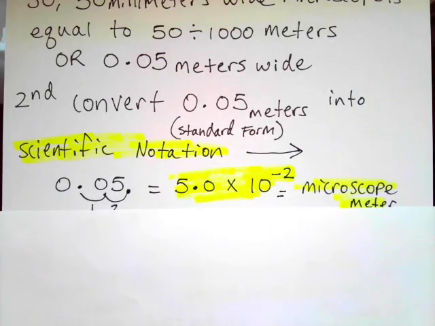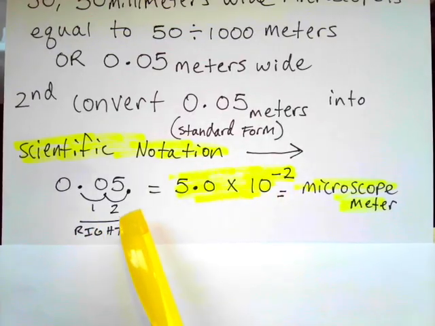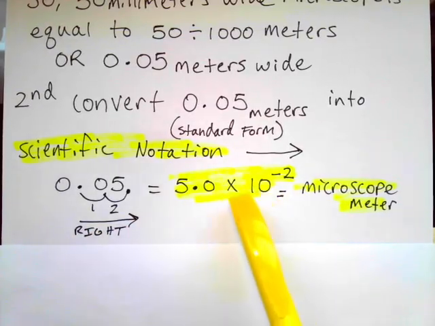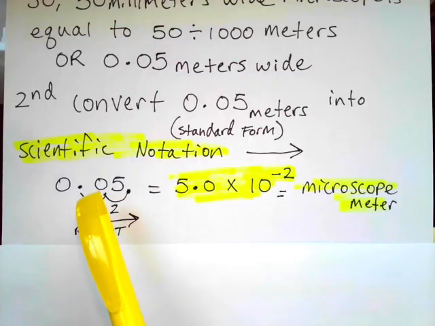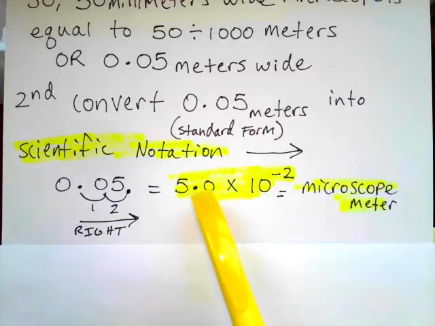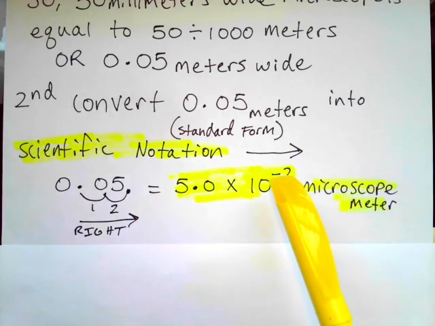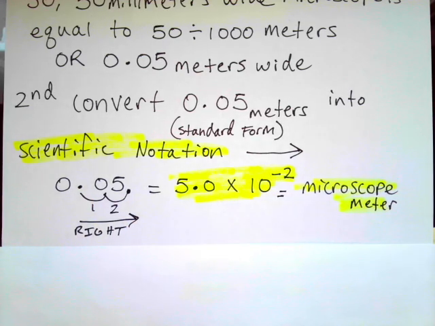You move it to the right, and it's a negative value based upon how many times you moved it. So we have 5.0. That's moving the decimal two places. That number's between 1 and 9.9, times 10 to a power, because we moved that decimal to the right twice. Our exponential power is now -2.